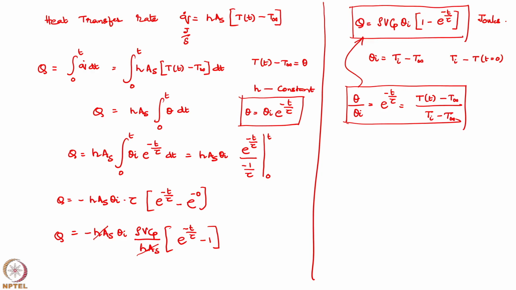Now, the next question we have to address is, what is the criterion for a body to be considered as lumped? That is the next question. To address this, we introduce a number called Biot number, the criteria for lumped system analysis.